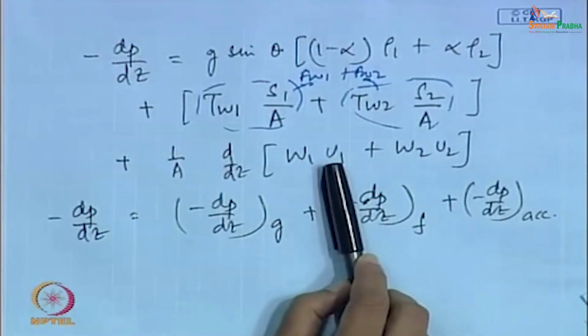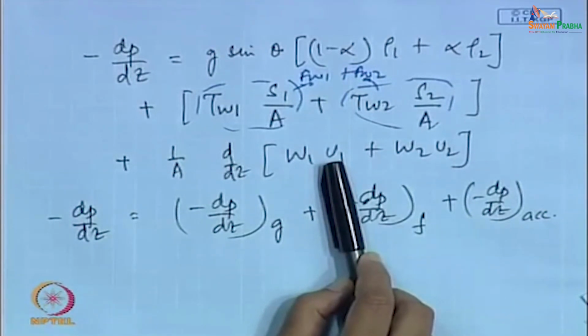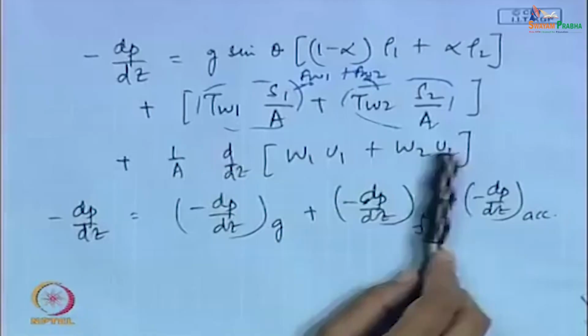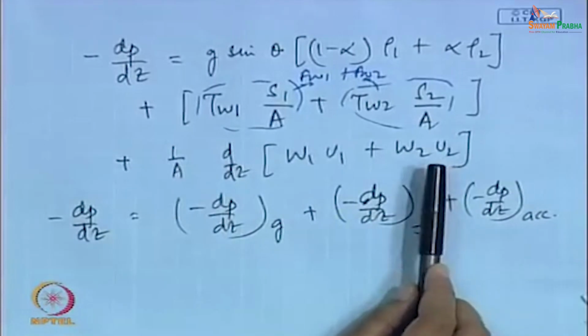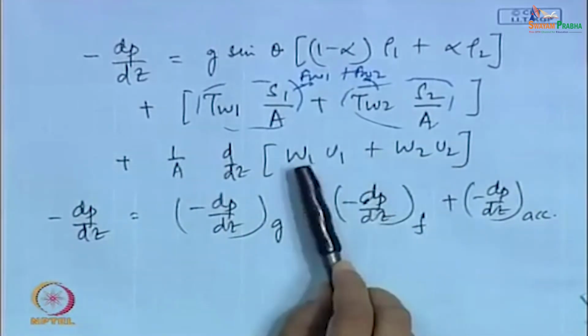So, U1 is going to be W1 by rho 1 A1, or rho 1 A alpha. So, we find alpha varies with Z, U1 varies with Z, and A also may vary with Z.